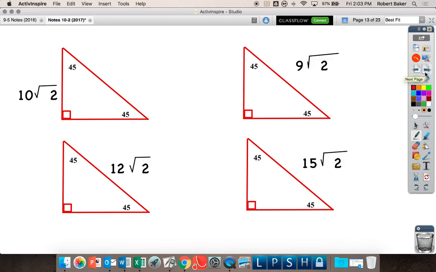Now we got some hypotenuses. If this is 10 square root of 2, how big is this one? How do you get from a leg to a hypotenuse? So 10 square root of 2 times square root of 2 is 20, because the square root of 2 times the square root of 2 is 2, and 10 times 2 is 20.